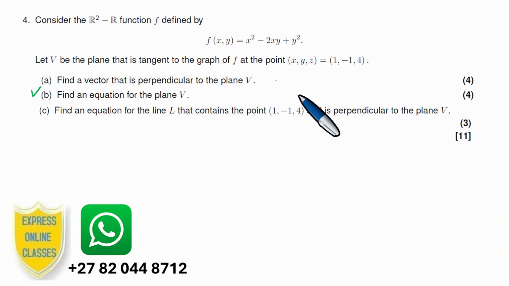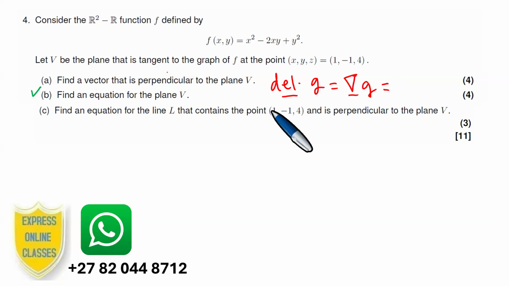Because we just used del of G. But del of G is also written like this, and it is also called nabla. So this would be nabla of G.